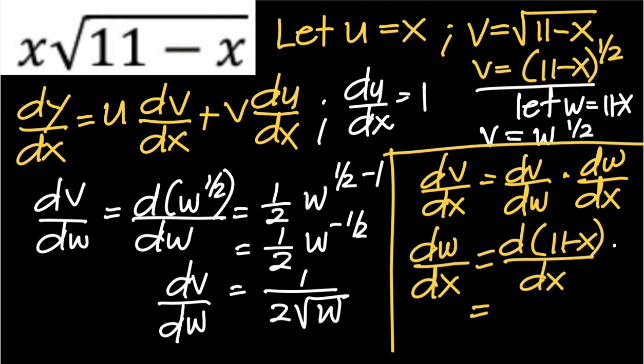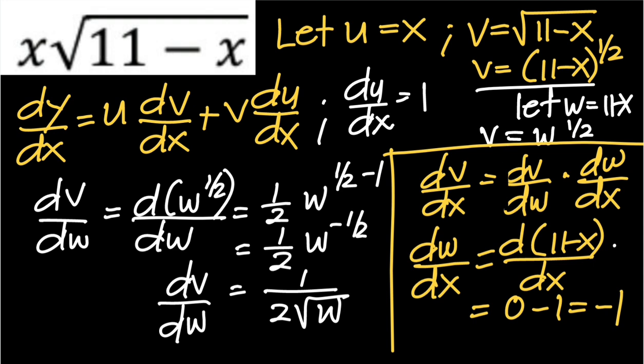And this is just equal to derivative of 11, that is a constant, so that is 0, minus derivative of x is 1. So this is equal to negative 1. Now we already have dv over dw and dw over dx. So we can now solve for dv over dx.